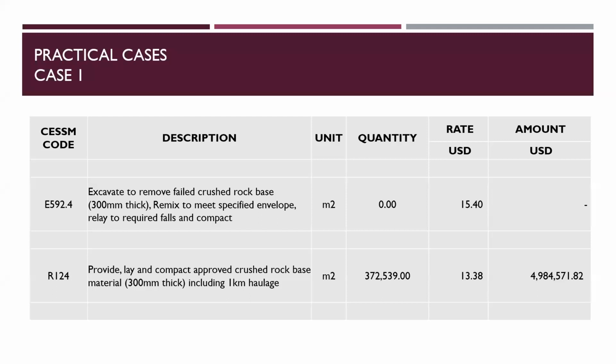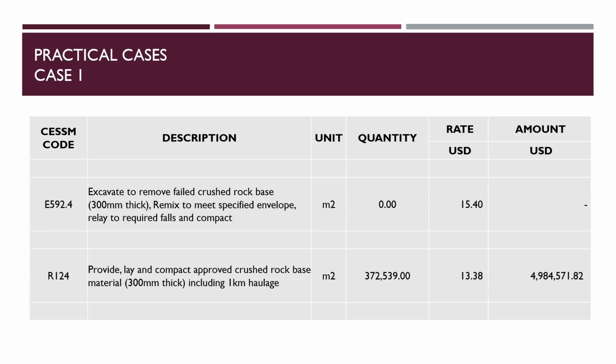Then there's an item to continue with the project where they haven't laid the crash rock. There's an item for provide, lay, and compact approved crash rock base material, 300 millimeter thick, the same thickness as the first one. But for this particular one, the contractor is supposed to go and buy the material from the borrow pit, haul it over 1 kilometer, with the excess kilometer paid based on the distance, place it and compact to the required spec.